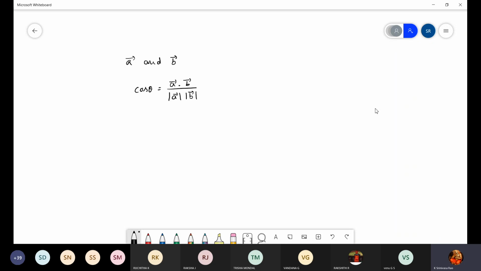So we need two normal vectors, n1 and n2. In place of A and B, you put n1 and n2. So vector n is equal to grad phi.